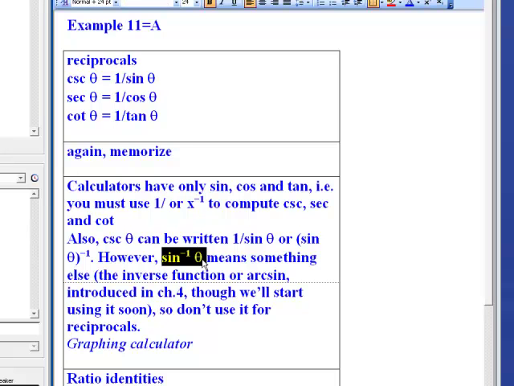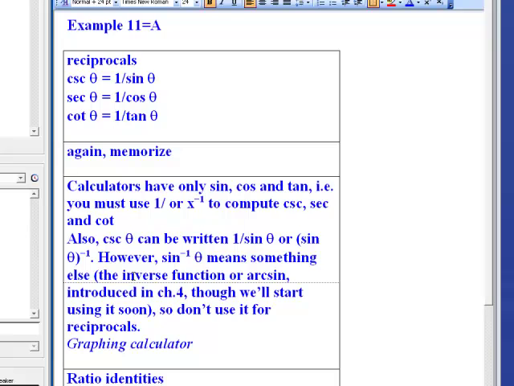Might not even be possible, because this unfortunately means something else. It means the inverse function, or arcsine. It does not mean the reciprocal. I know it's confusing, but that's just the way it's written in math, that this one here is the inverse function. It is not the reciprocal.